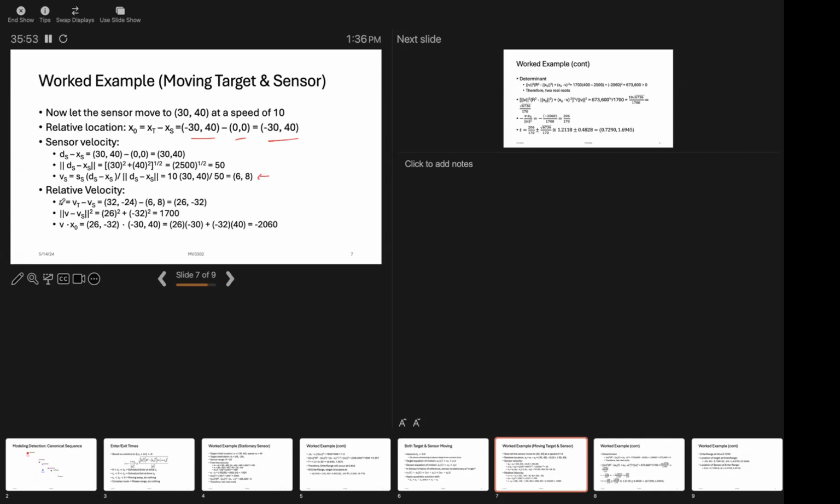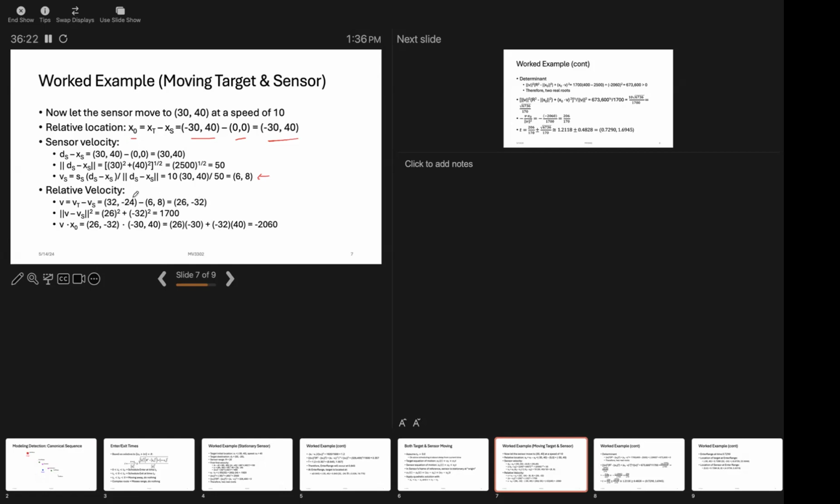And so we have the relative location, and now we need the relative velocity. And this can get messy, and you want to be careful. Like if there were radicals involved here, I encourage holding on to them as much as possible and only rounding off at the very end, because otherwise you can be way off.